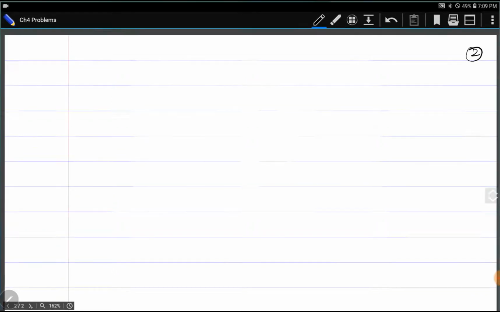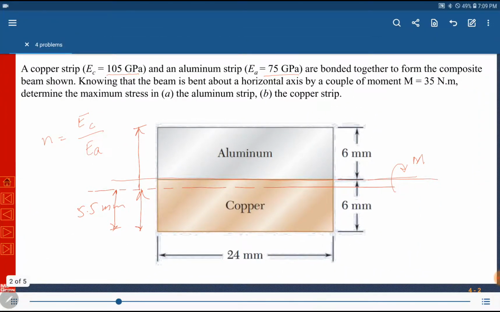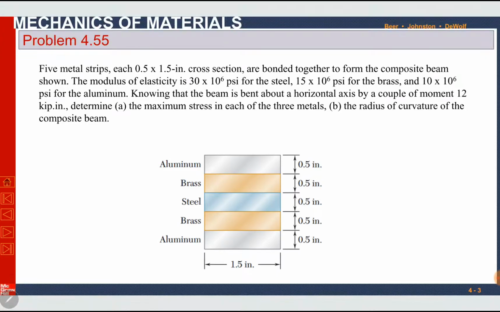The next problem which I have chosen for this lecture is problem 4.55. This problem is of the same nature as the previous one, but it is a little bit easier because it is symmetric about the horizontal axis. There is steel at the mid and there are brass and aluminum above and below the steel.